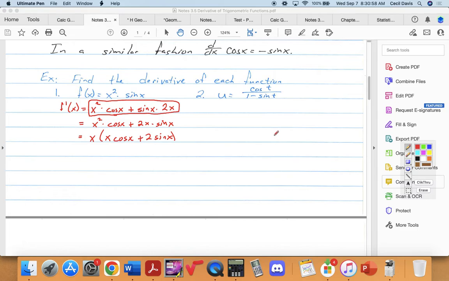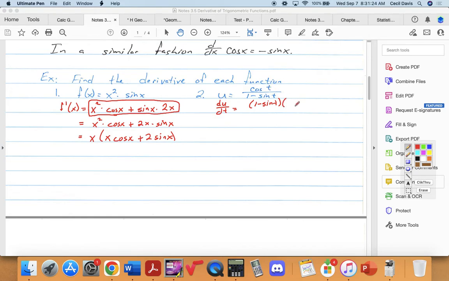Okay? All right, let's do this one. Here, we're going to have to use the quotient rule. We're going to take the derivative of u with respect to t, so that'll be du dt is equal to the denominator, 1 minus sine of t, times the derivative of the numerator.